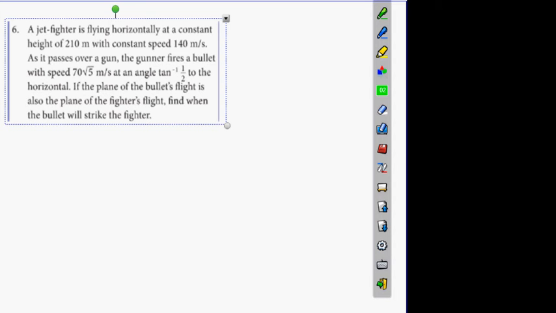Okay. In effect, it's a two-dimensional problem. The fighter is traveling at a fixed height of 210 meters, left to right.